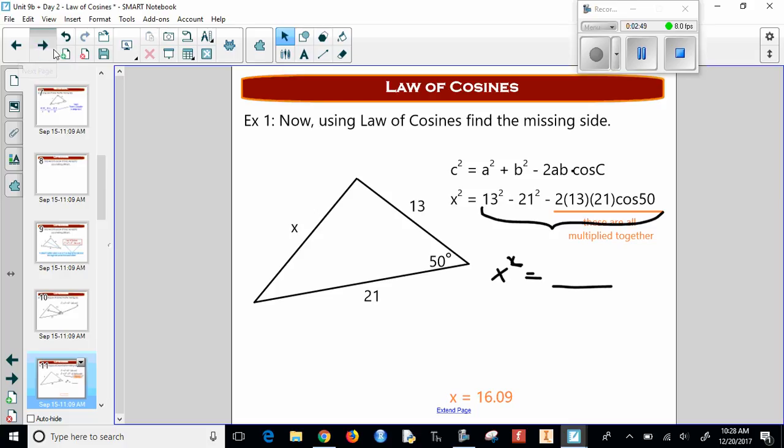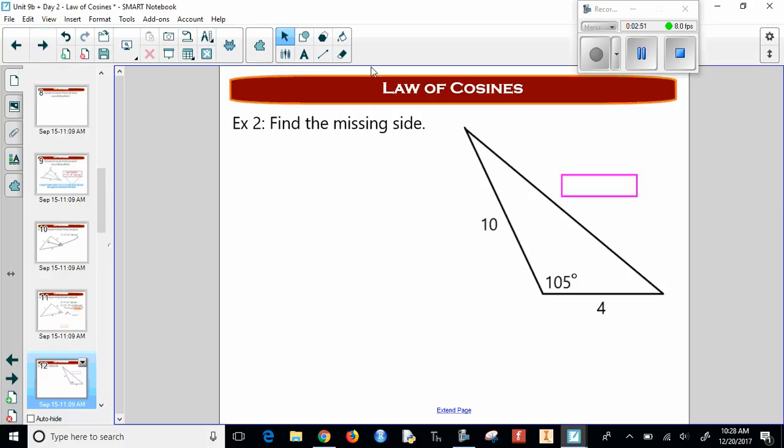All right. Now, let's try this one. We have a side angle side situation, so that means we use the law of cosines. The law of sines is a little easier typically, so it's nice if we can use the law of sines, but we can't here.